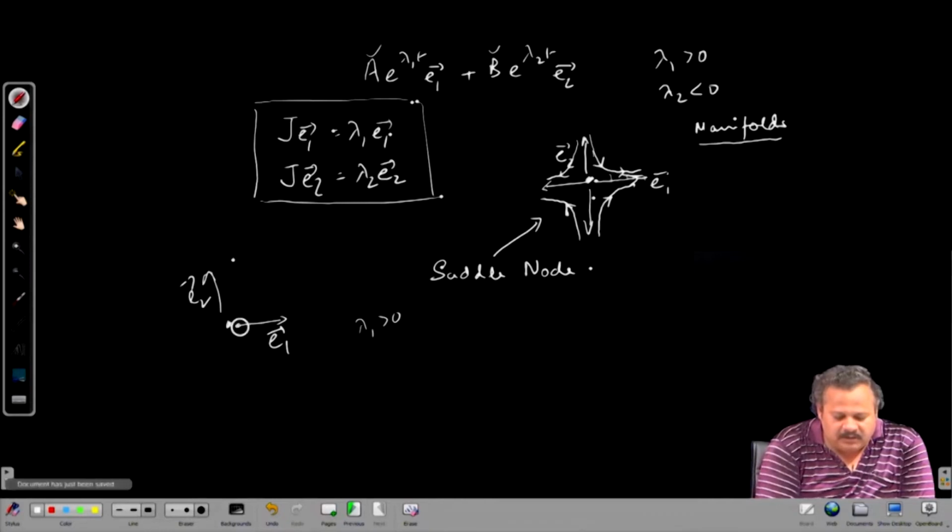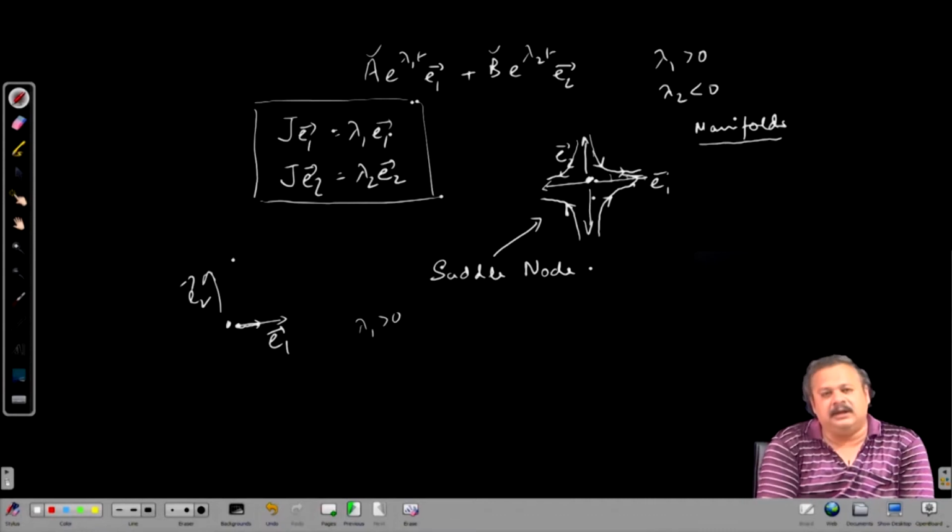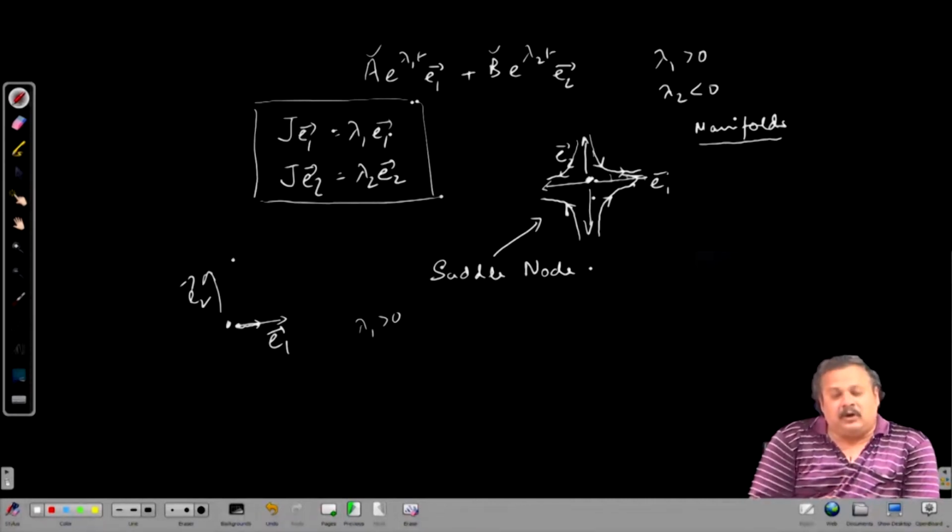If we start along this, it will go straight along this line along E1 as long as the linearization is valid. That is, the E1 is a correct representation of the trajectory.